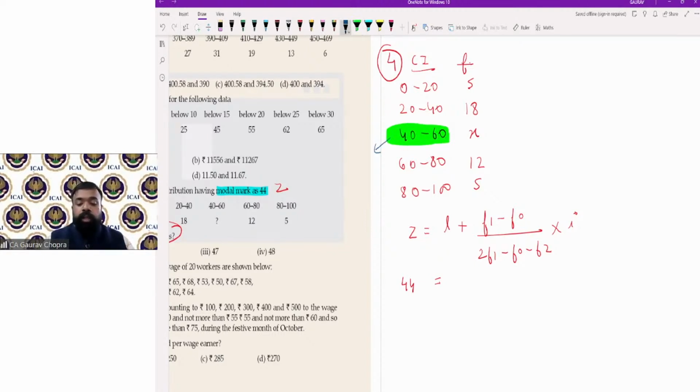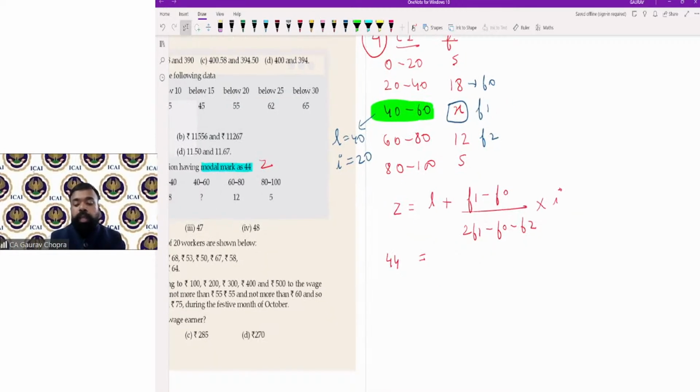So from here, the lower limit is 40, I is 20, X will be F1, 18 is F0, 12 is F2. Now apply these values, 40 plus X minus 18 upon 2X minus 18 minus 12.